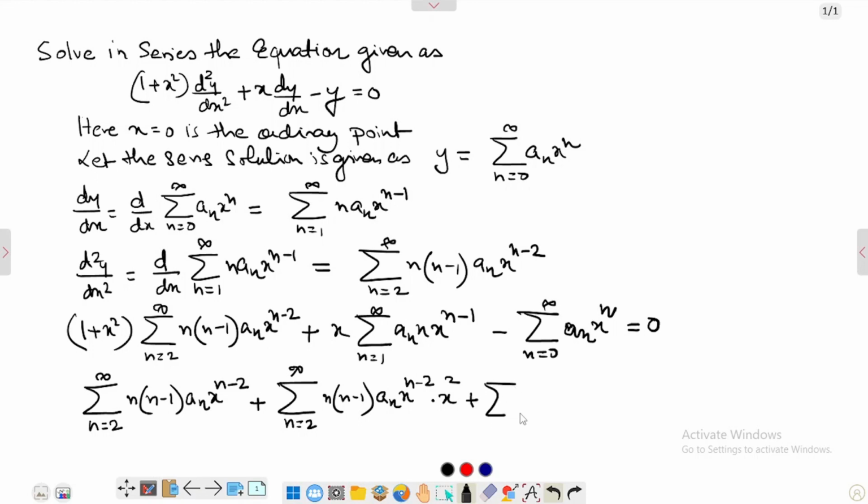After that, there is another term, sum n equal to 1 till infinity n a_n x^(n minus 1) times x. And my last term, as in the previous case, is sum n equal to 0 till infinity a_n x^n equal to 0. After this, I will multiply and write the equation in this format.